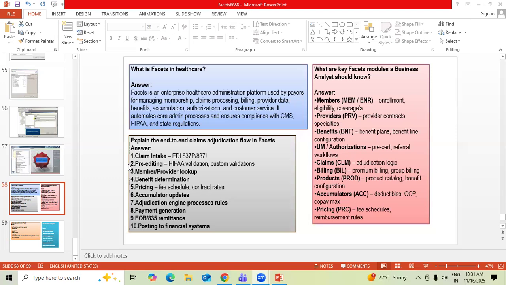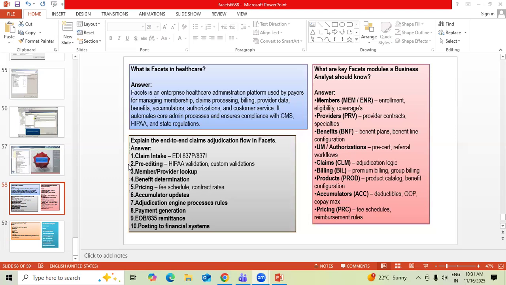To manage all this, they want some kind of payer solution. Organizations have used old legacy applications for a very long time. One of the prominent applications we use now is called Facets, which organizations are widely using. So for that reason, Facets is all about that.